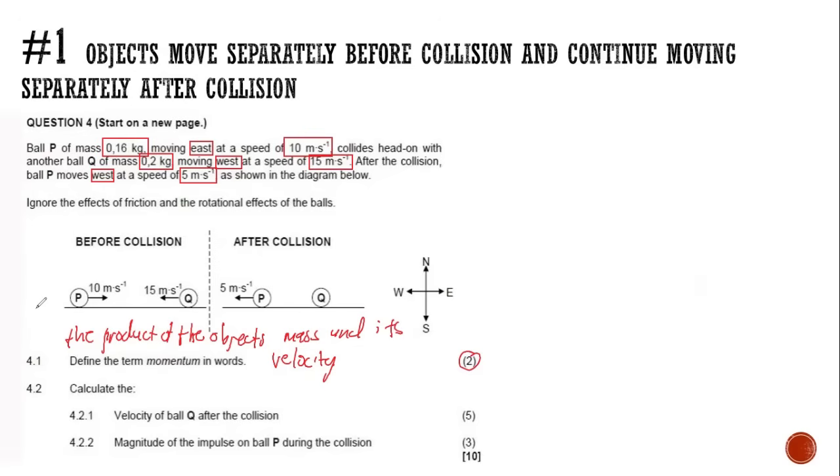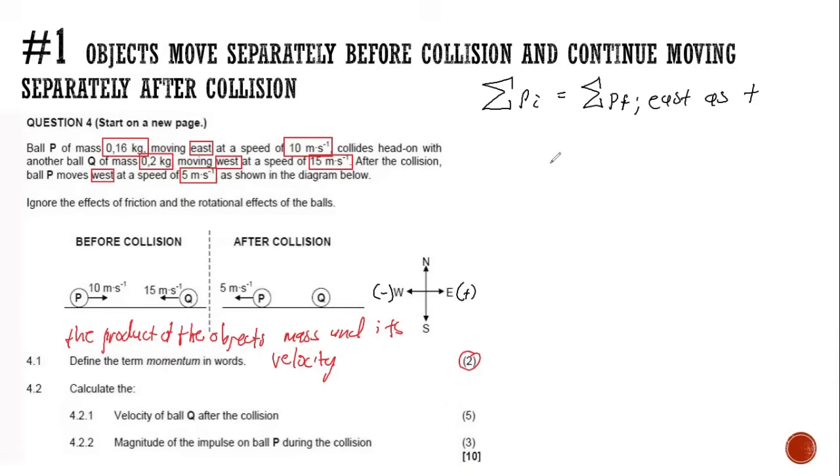In a case like this, you have to apply the principle of conservation of linear momentum. This is how we do it. We say the sum of momentum initially is equal to the sum of momentum finally. With the cardinal points, we know that east will represent the positive direction and west the negative direction. So we are taking east as positive.